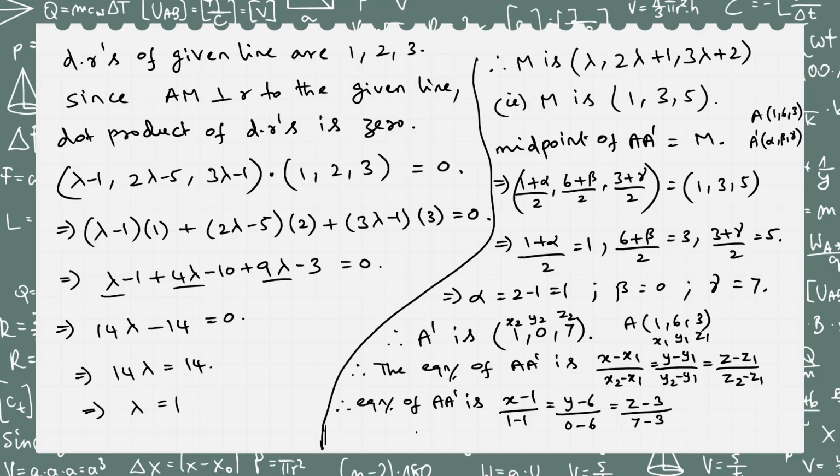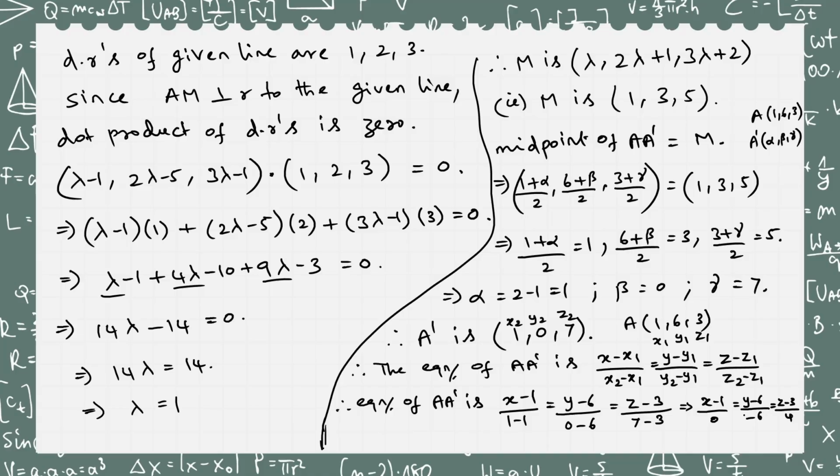That is, the equation is x minus 1 by 0 equal to y minus 6 by minus 6 equal to z minus 3 divided by 4. But we can't have any common factor for the DRs, right? So DRs of this particular line will be 0, minus 6 and 4.